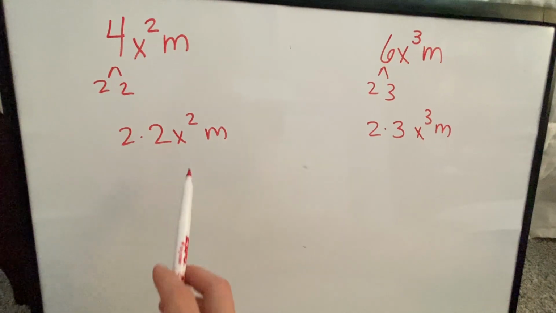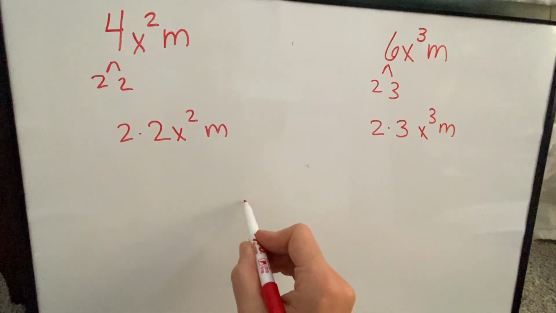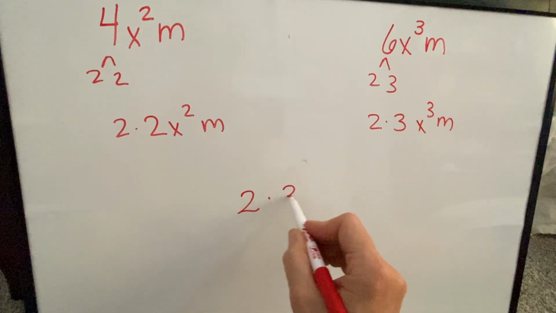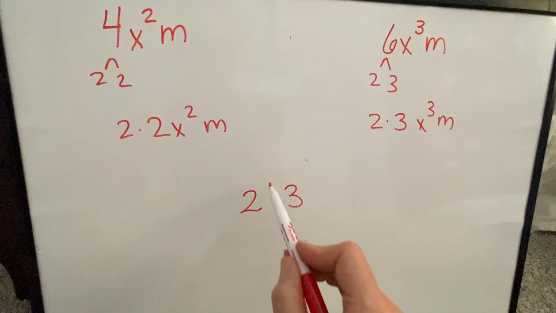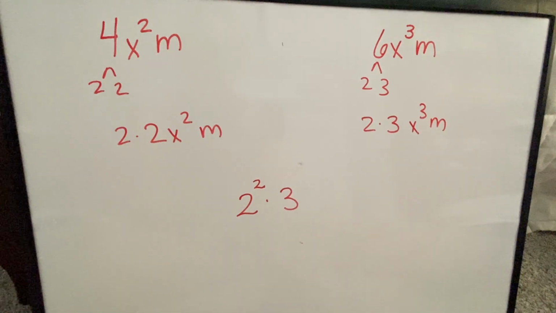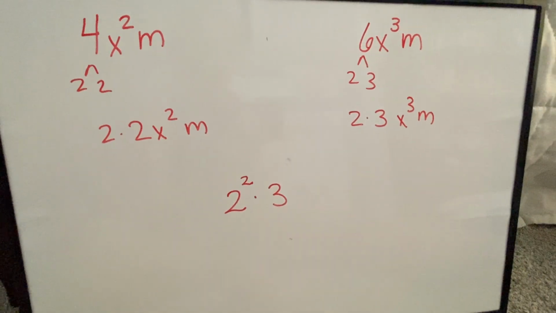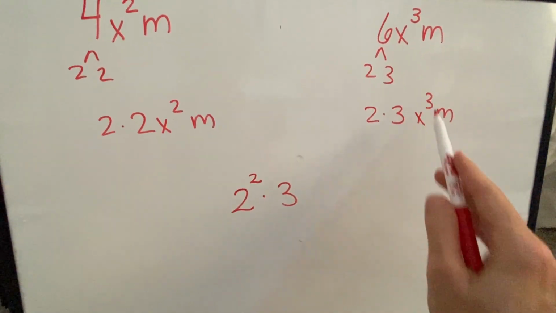So again, to find our prime numbers, we've got a 2 as a prime number, we've got a 3 as a prime number. Here there's 2 2's, there's 1, so this becomes 2 squared. There's no 3's here, but there's 1 here, so we have to have a 3 down here. Okay, now we've got 2 x's and we've got 3 x's.